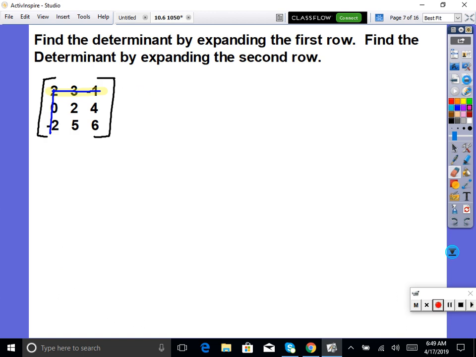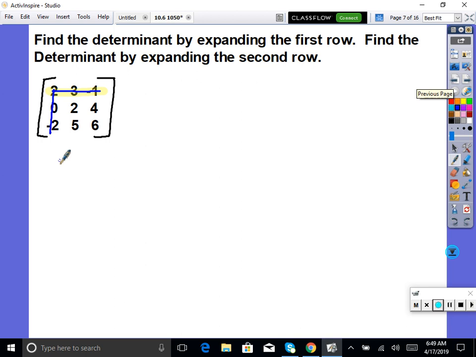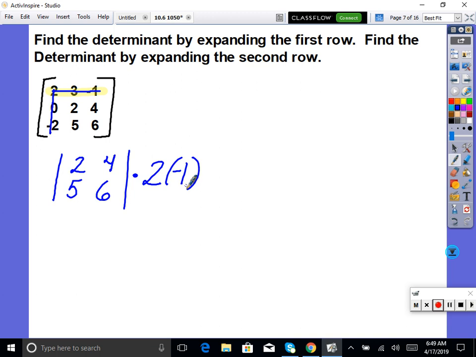Here we go. So you'd say, okay, the minor is 2, 4, 5, 6, straight line. Then we're going to times that to our cofactor. Now, what was the cofactor? Where's the intersection happening? 2, and then we're going to be timesing that by -1 to the second, right? 1 plus 1 is 2. All right, let's go on to the next piece here. Let's just write them all in.